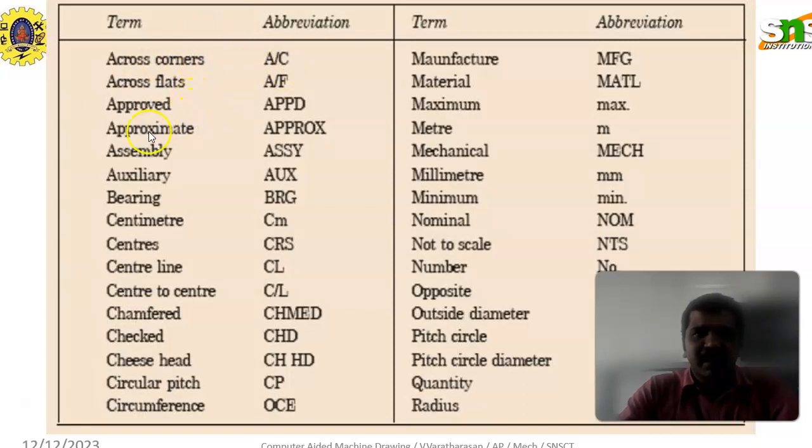Across flats, approved, approximate, assembly, auxiliary, bearing BRG, centimeter CM, center CRS, center line CL, center to center C by L, chamfered CHMED, checked CHD.